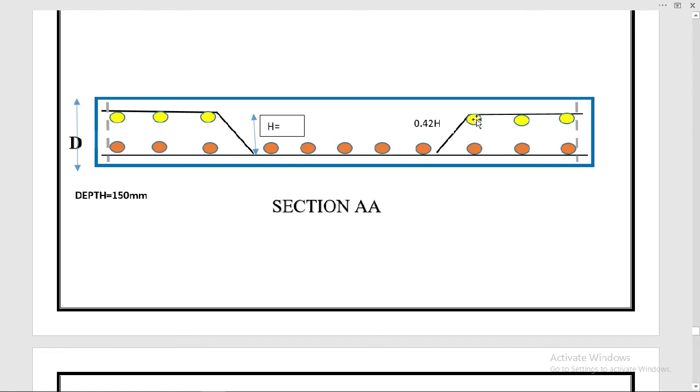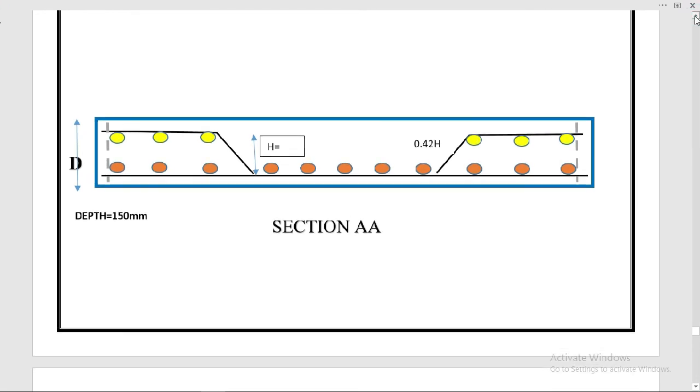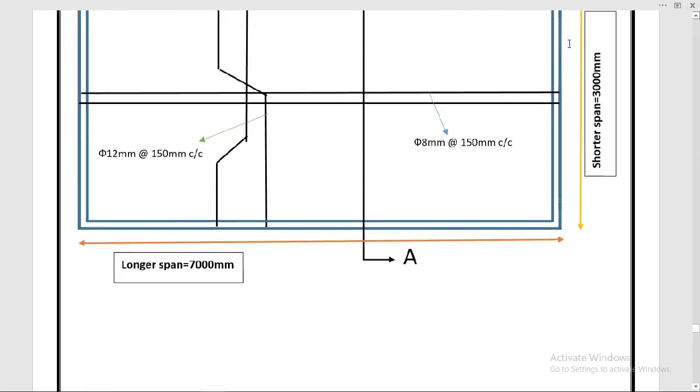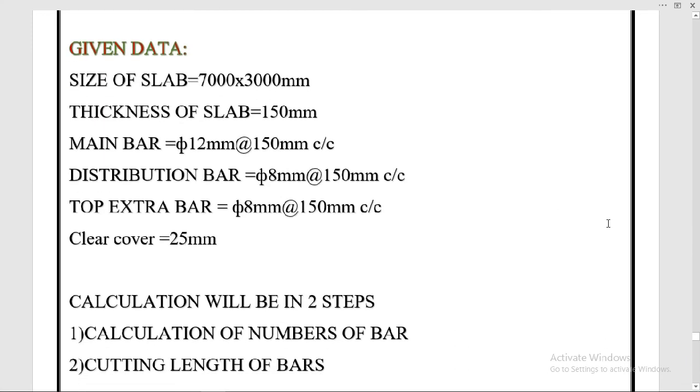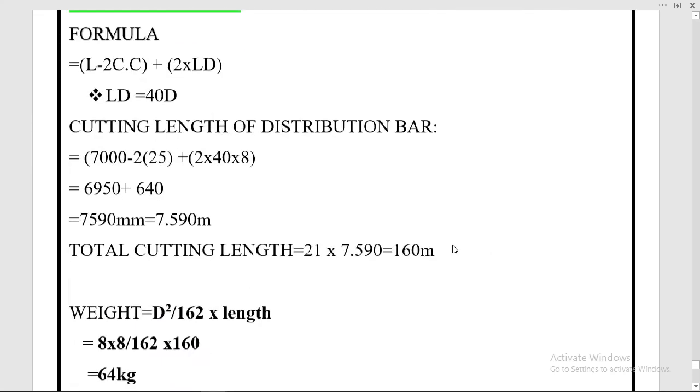These are the top extra bars, which are provided after the bending here at the top. These are 12 in number, but they are also provided along the same longer span. So their cutting length will be the same as the distribution bar, and there is no bend in the distribution and top extra bar, so their cutting length is the same. So we calculated it. Let me now finish this topic.